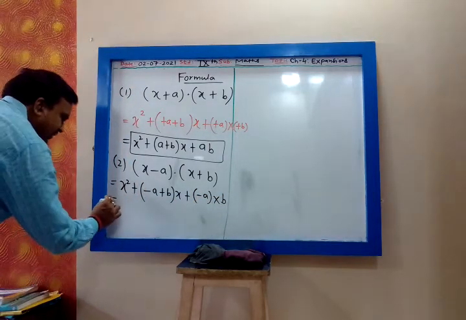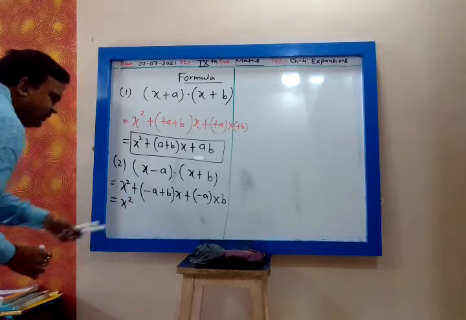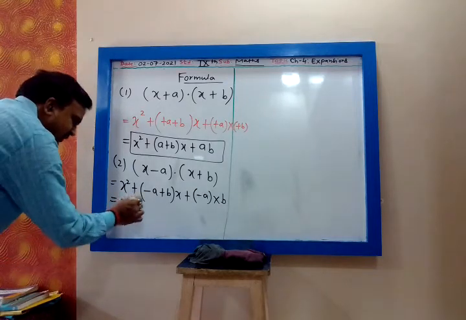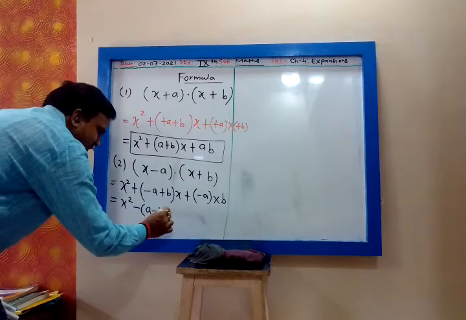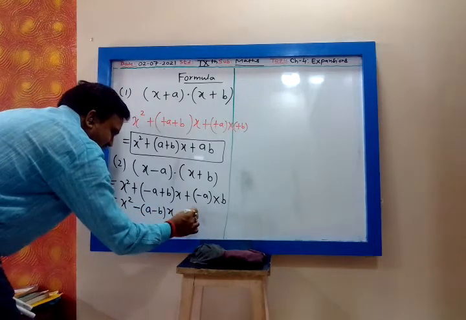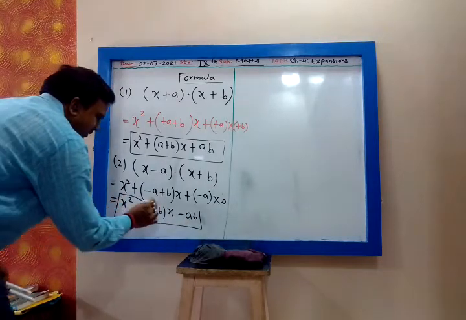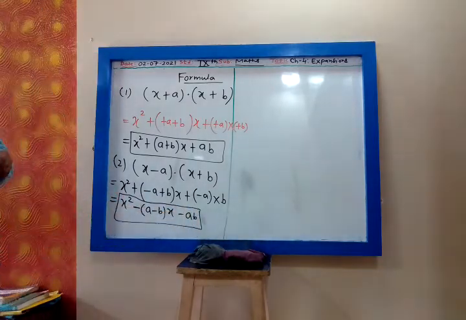So this will be x square plus, you can take the minus sign outside, then it will be a minus b into x minus ab. This is the answer. So do not remember the formula, you remember the technique.